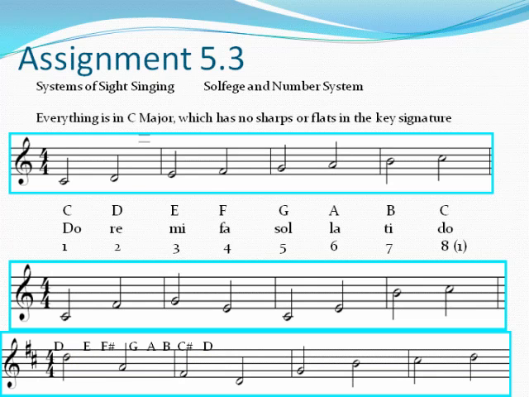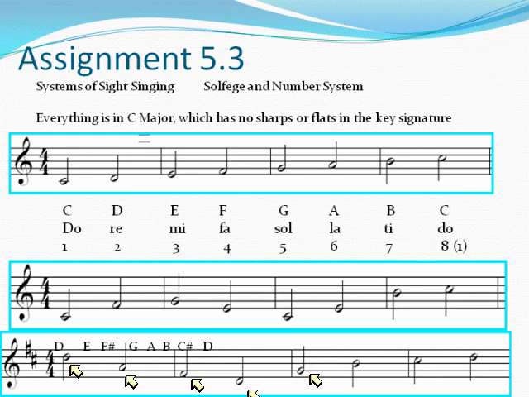So if I were in a different key, in the key of D major, I'm looking for D, and D is the first degree of the scale, so this note D would be do. Here's an A. In the key of D major, A is the fifth degree of the scale, which is sol. F sharp is the third degree of the scale, mi. D is do, the first degree of the scale.